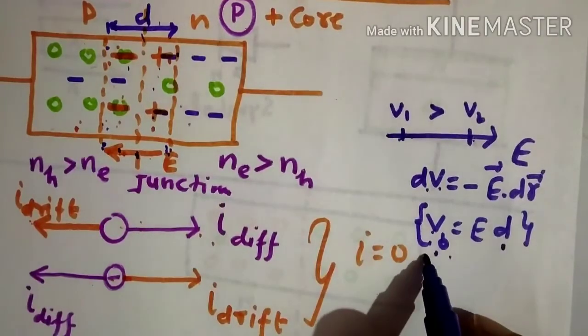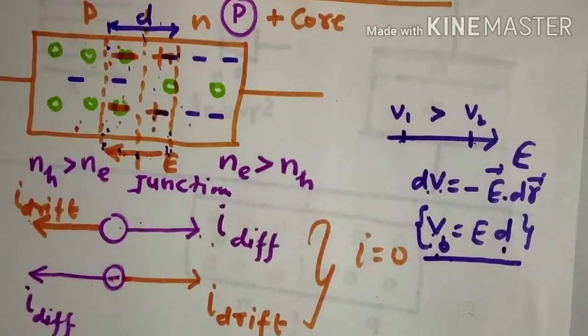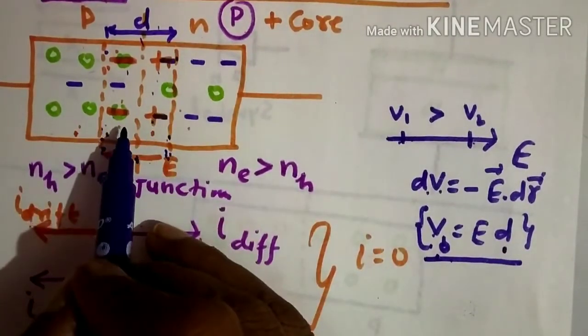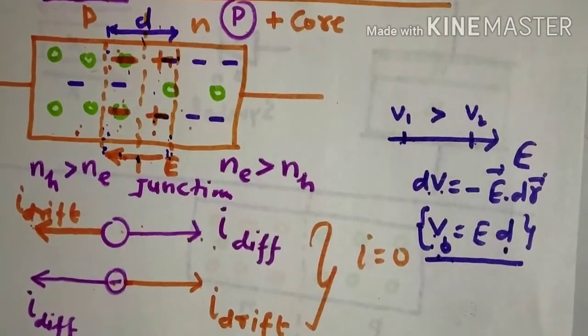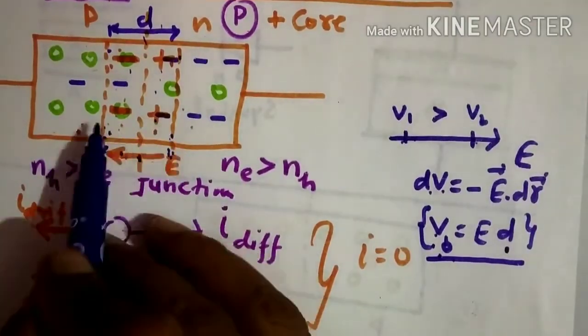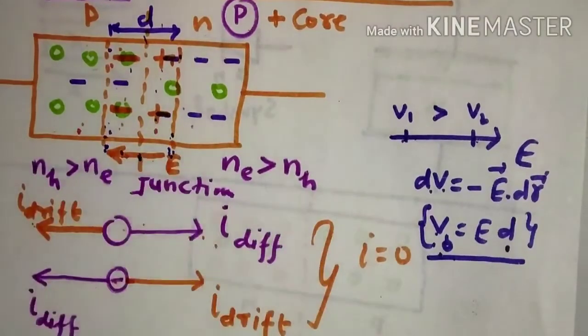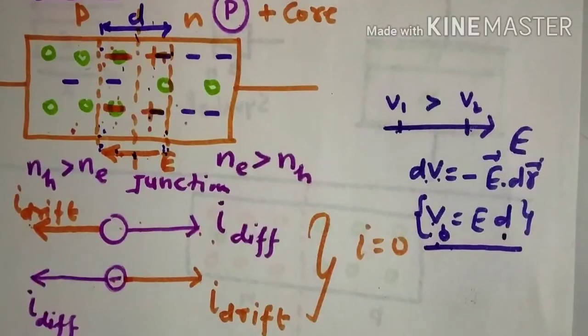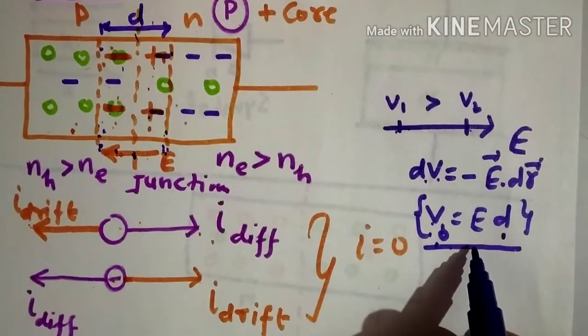Now, how will you write about the barrier potential? The barrier potential is the potential difference across the junction in the depletion layer due to which the current carriers cannot cross the junction and the current is zero. That is called barrier potential. How will you calculate it? You need to know the electric field.